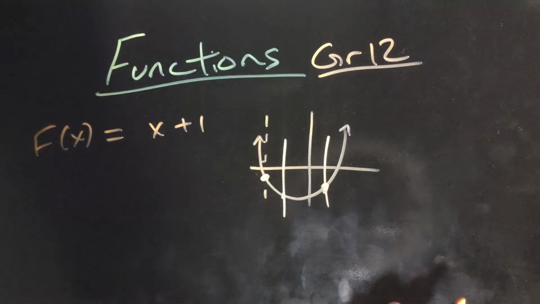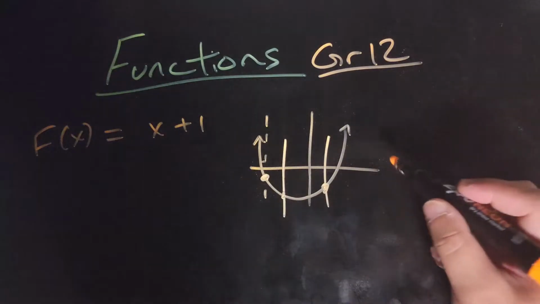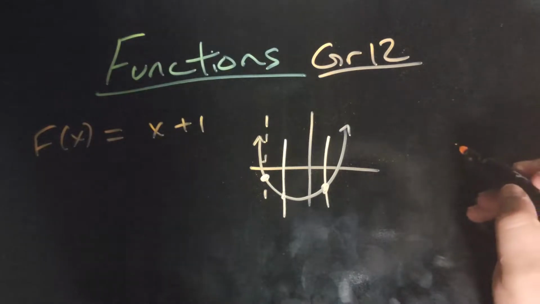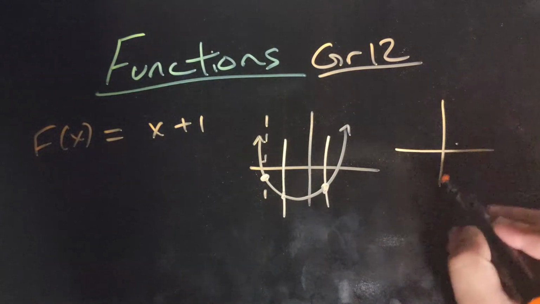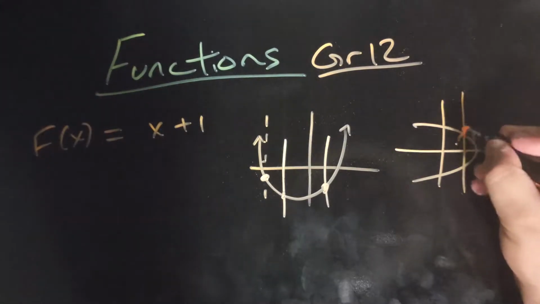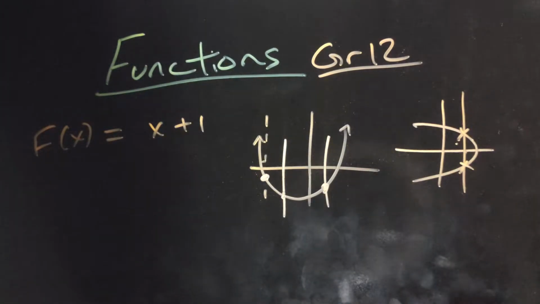What else can we look over? This is an example of a function, but you can also have an example where it is not a function. So something like this would not be a function, because you do the test, you have two spots here.